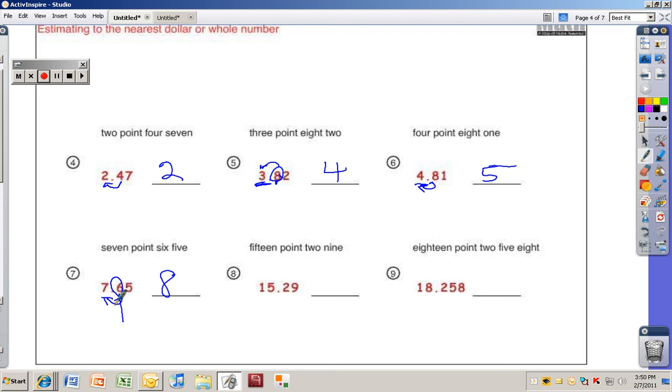The 6 is 5 or greater, so it bumps it up. 15, this is the ones place. Look to the right. That 2 tells the 5 to stay the same, so what's the answer? 15, good. And 18, this is the ones place. Look to the right to the tenths place. What does the 2 tell it to do? Stay the same at 18.